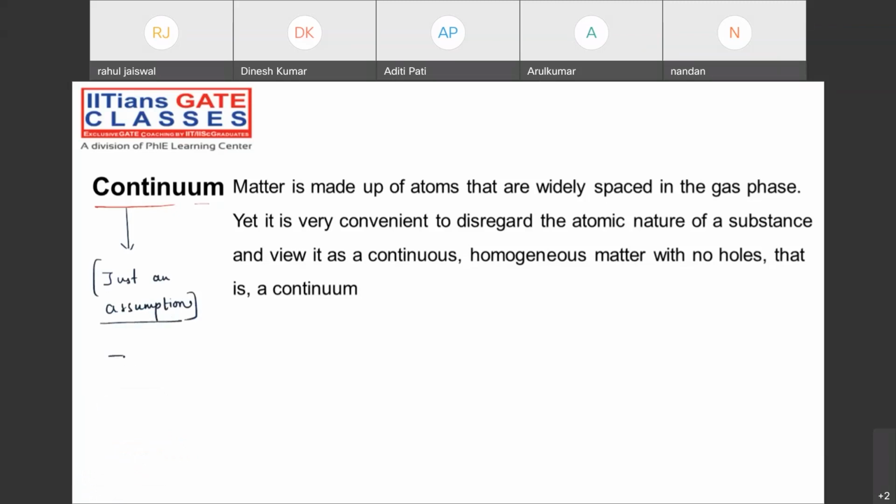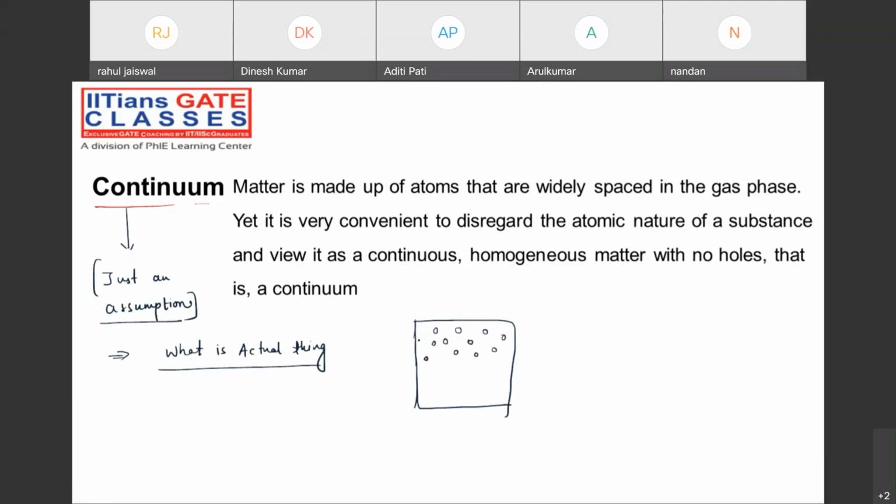If that is the assumption, then what is the reality? What is the actual thing? Suppose that in a particular space, we have so many air molecules.